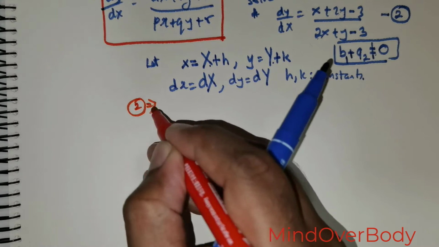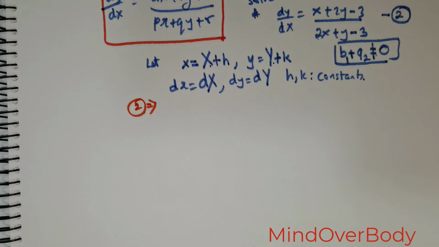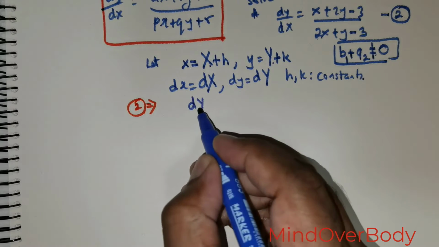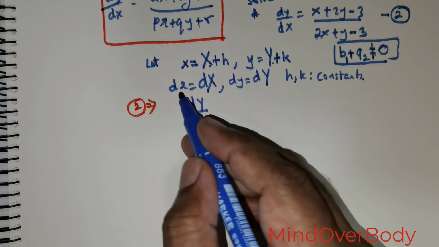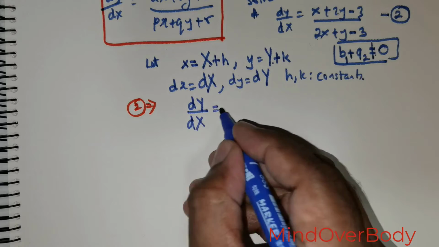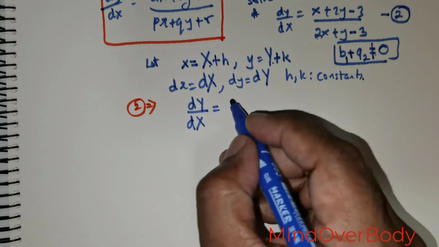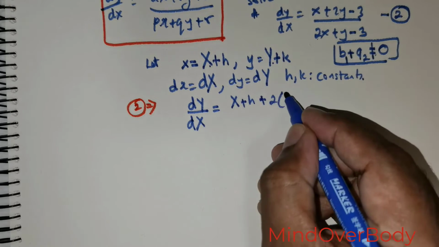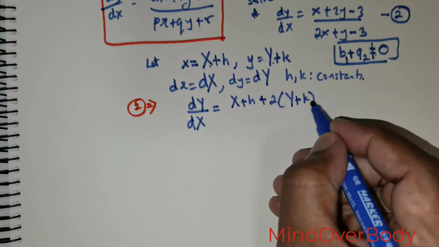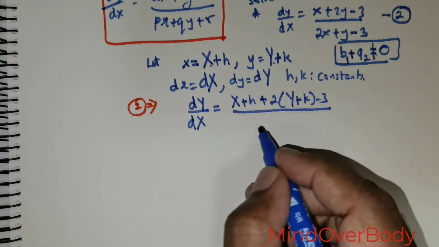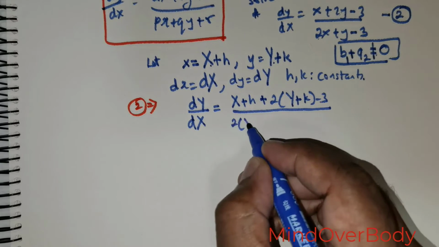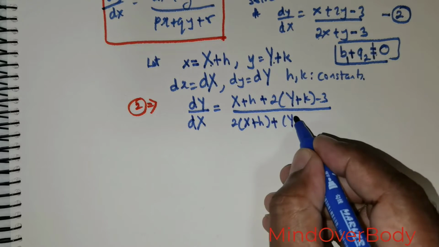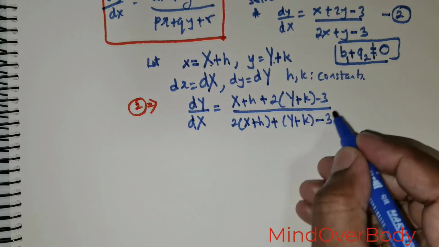In place of dy, I'm going to say capital dY divided by capital dX, which is equal to (X + h + 2(Y + k) - 3)/(2(X + h) + Y + k - 3).